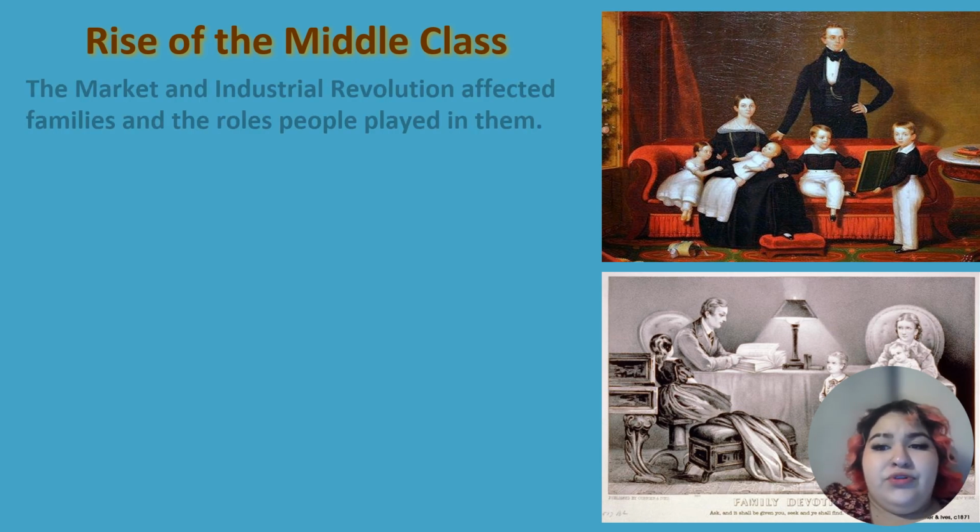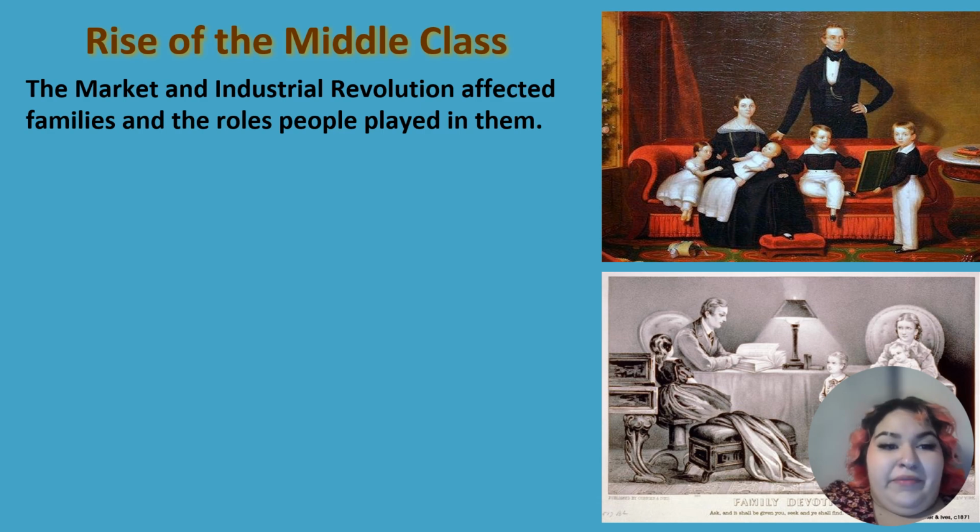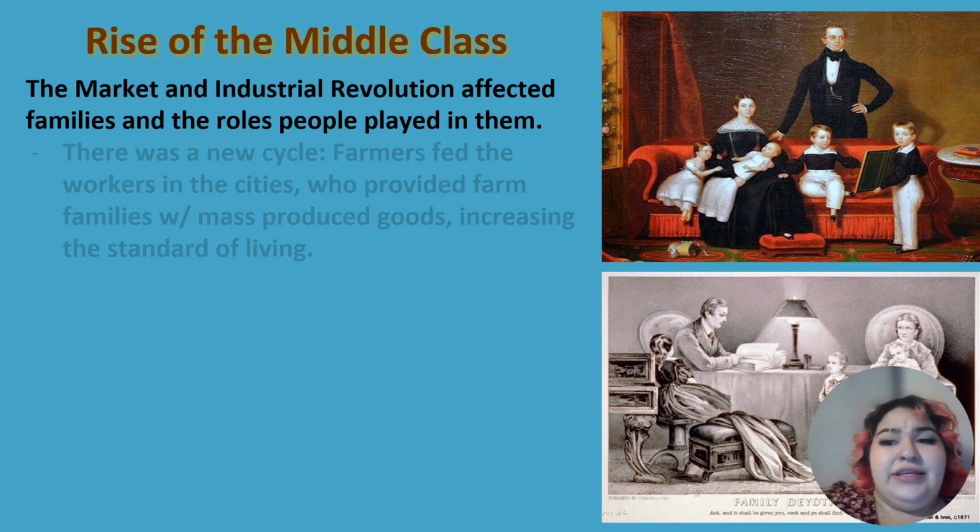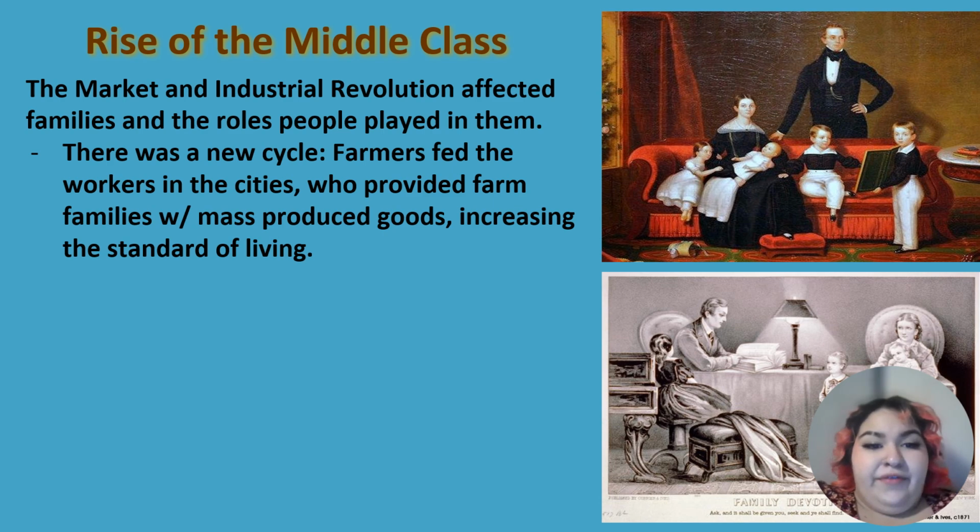this is going to affect families, right? Now these families are rising, right? They have money, not enough to be considered rich and have a bunch of mansions and horses, but just enough to live comfortably. And this middle class label is going to affect them and the roles that people play in them, right? Because we're going to see a new cycle be created, right?